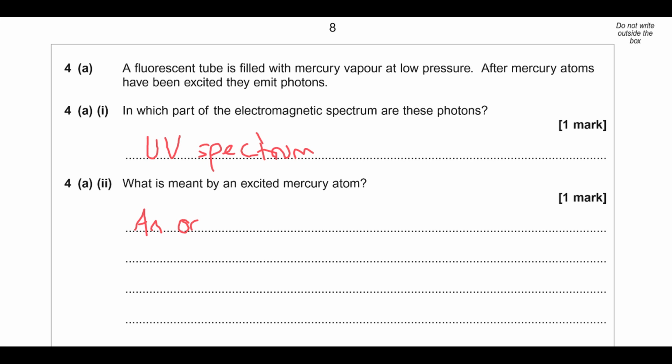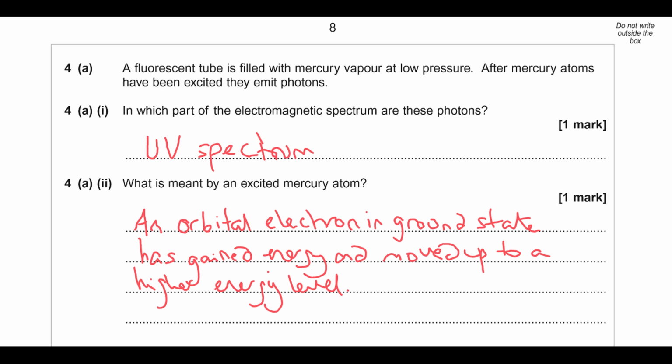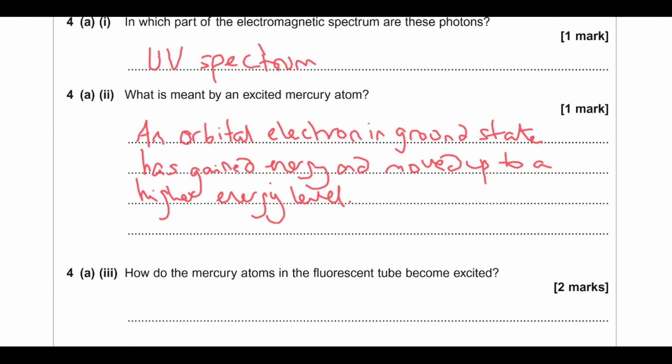So an orbital electron in the ground state has gained energy and moved up to a higher energy level. Okay, so that's your excited state right there.